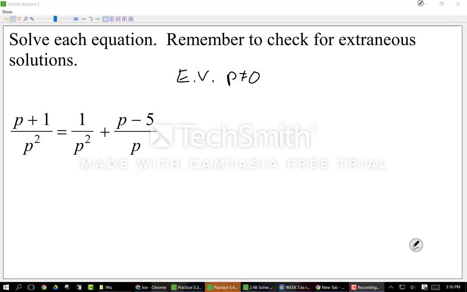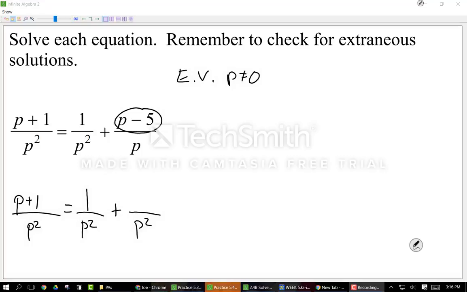Now I need to make a common denominator with all of my denominators. But remember, we take monomials with the highest power, so p squared is our common denominator. Pretty simple there. That means this p plus 1 stays, this 1 stays. This p minus 5 turns into p squared minus 5p.